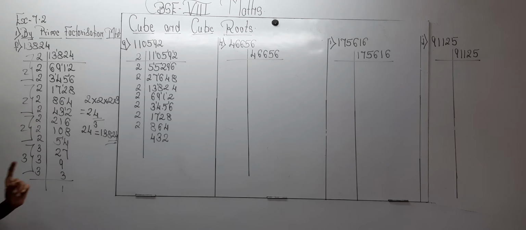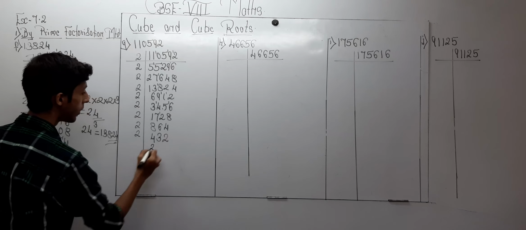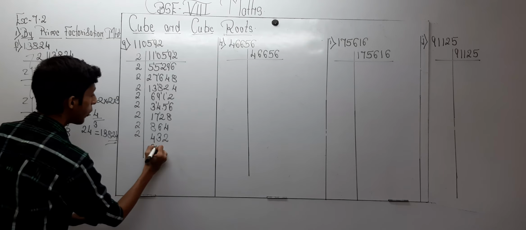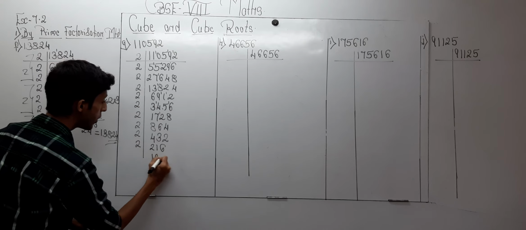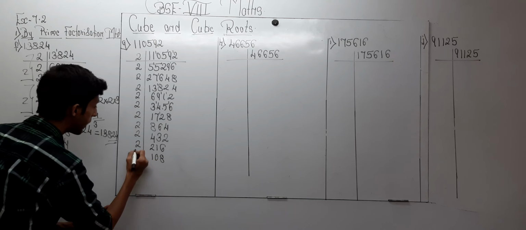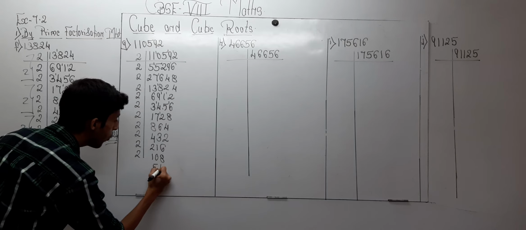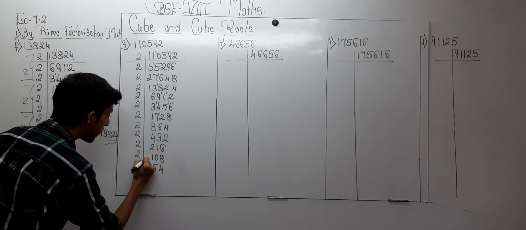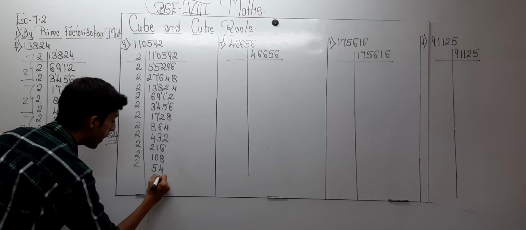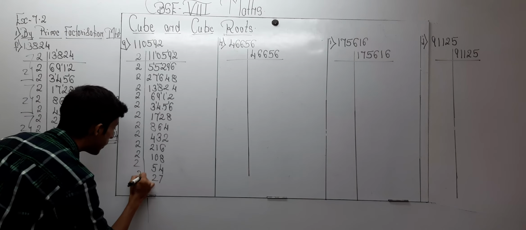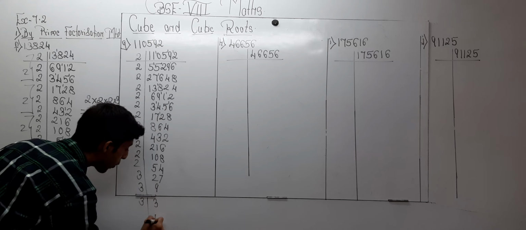So over here 432. Continuing with the divisions, we reach 27, then 3 9s are 27, 3 3s are 9, 3 1s are 3.